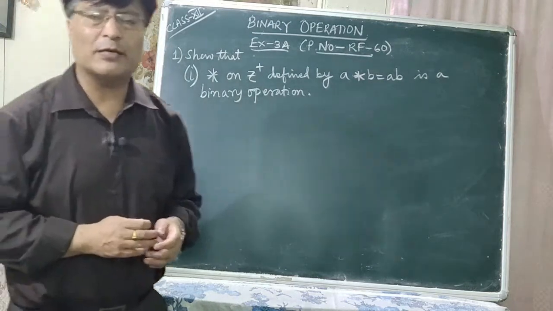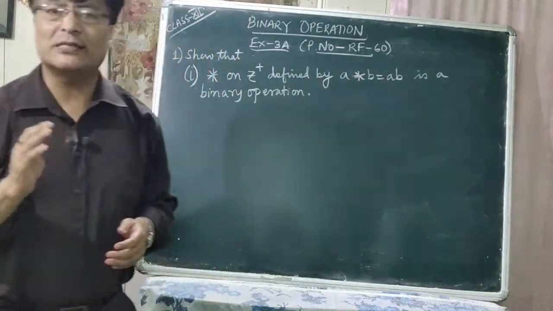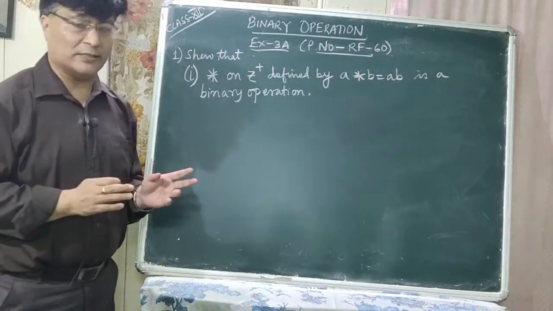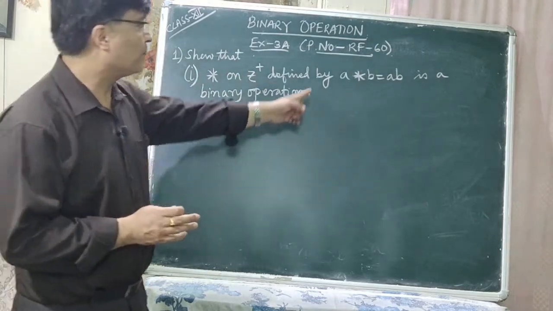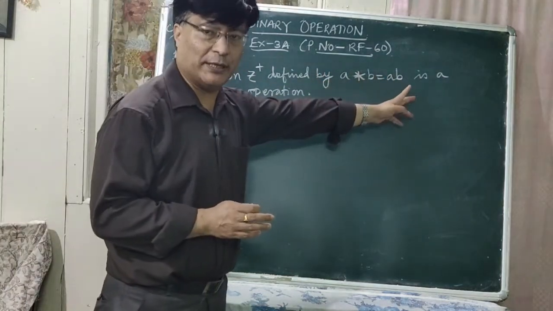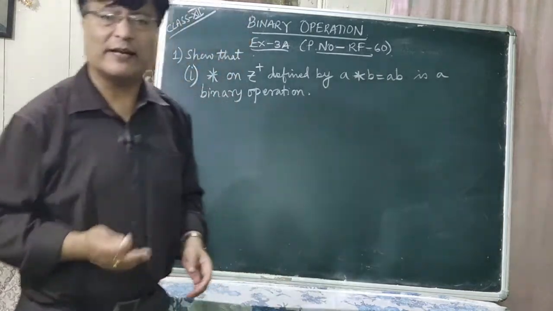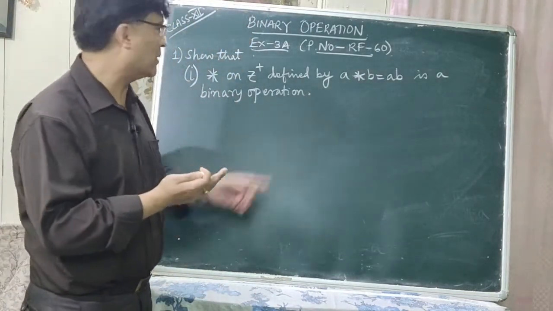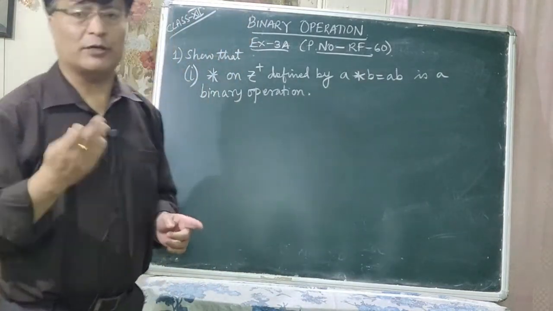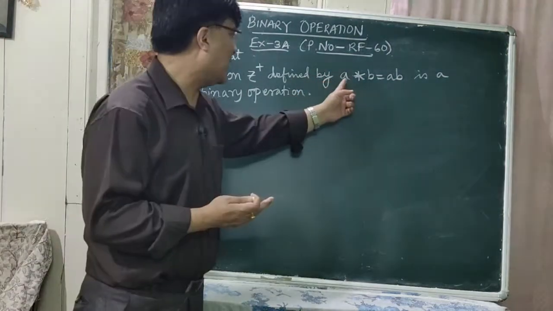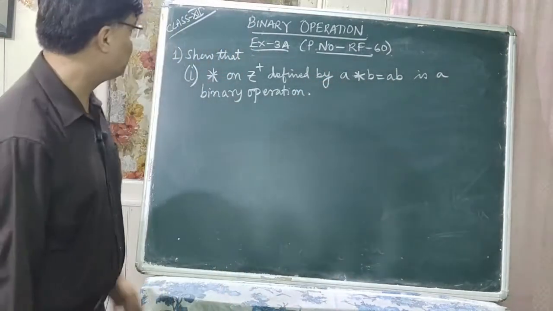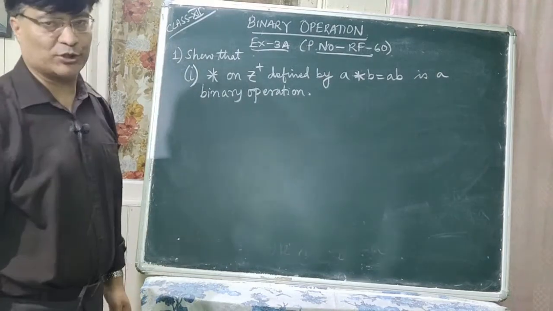What is the meaning of Z plus? Z plus means it is the set of positive integers defined by A star B is equal to AB. This A star B is defined as AB. Okay, it is a binary operation. You have to prove that this A star B is equal to AB is a binary operation.